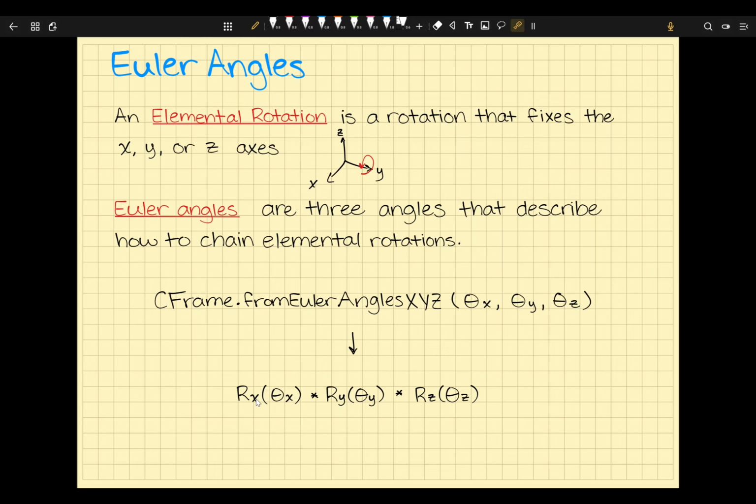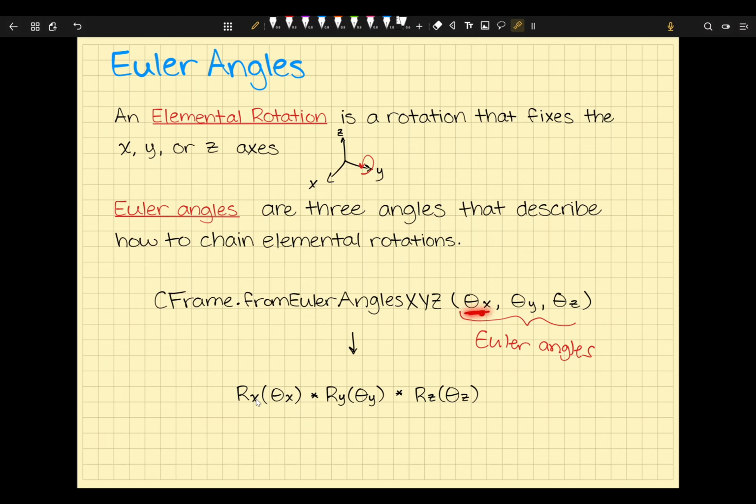For example, the from Euler angles XYZ constructor takes in three angles. These are the Euler angles. We take in some amount to rotate along the x-axis, the y-axis, and the z-axis. And then we construct three elemental rotations and multiply them.